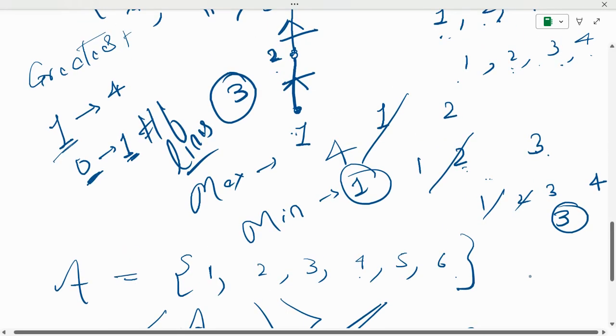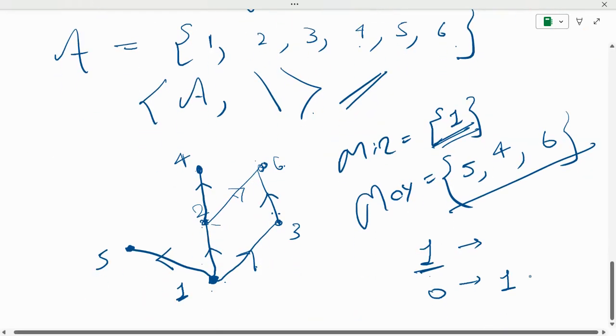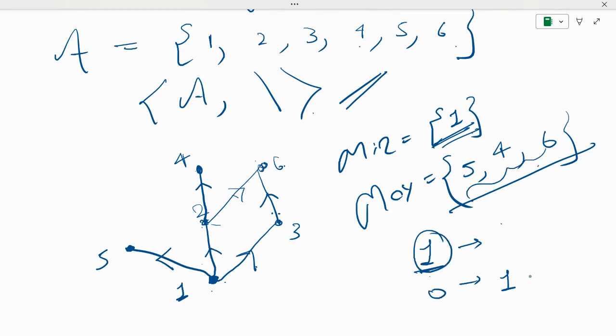The greatest refers to this max part, and the 0 refers to the min part, that is 1. But here, we have one minimum, that is 1, but out of these three we can't find the greatest, so we write here: does not exist. Had there been only one element, we could have taken it as the greatest, but there is not just one element, there are three elements, so we write it as does not exist.